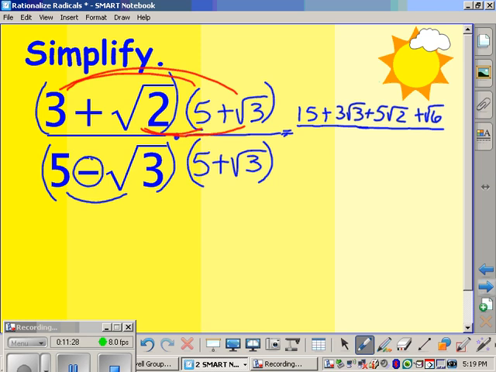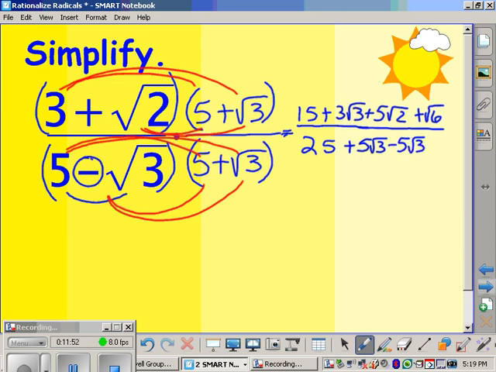Now let's FOIL the denominator. We will first multiply 5 times 5 and then 5 times radical 3. So we have 25 plus 5 radical 3. And then we multiply negative radical 3 times 5 and negative radical 3 times radical 3. So negative radical 3 times 5 will be a minus 5 radical 3. And then negative radical 3 times radical 3 will be negative radical 9.